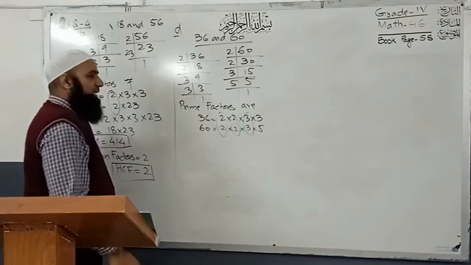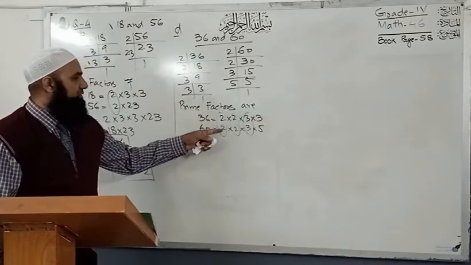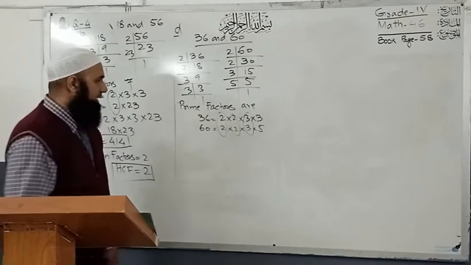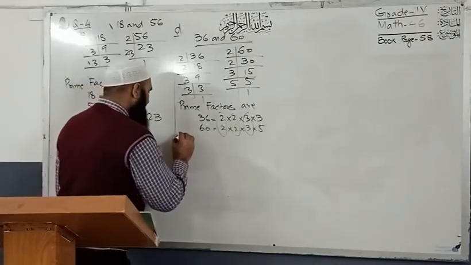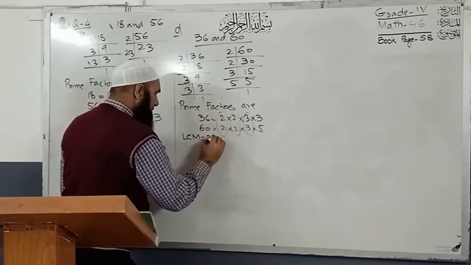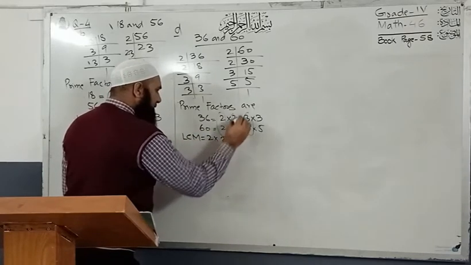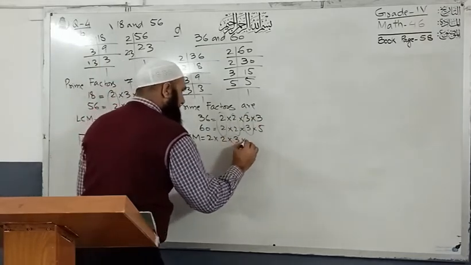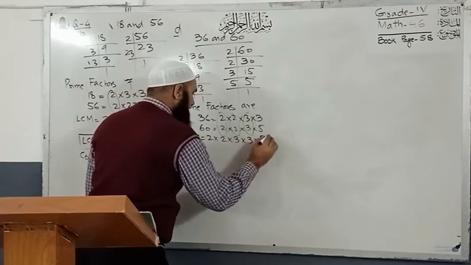Okay. For LCM, we will take each digit from these pairs once. Do not write them again and again. LCM is equal to 2 from this pair, 2 from this pair, 3 from this pair, and write the others remaining, 3 multiply 5.